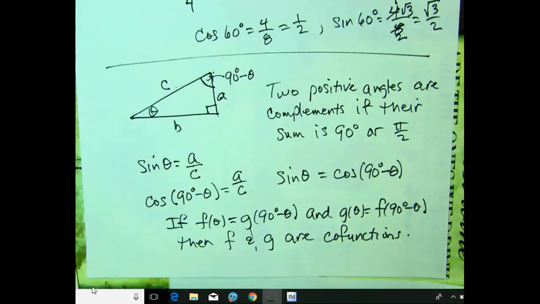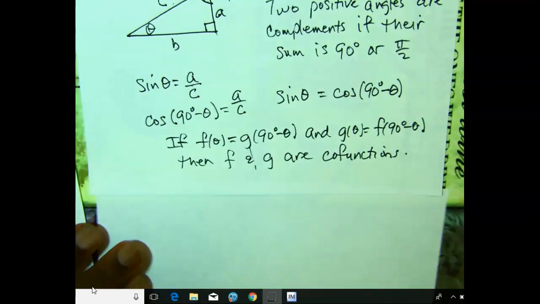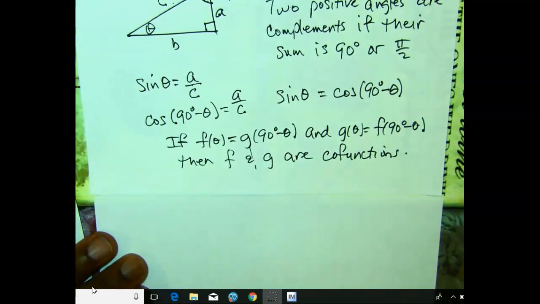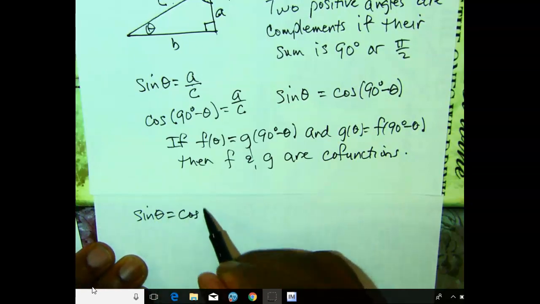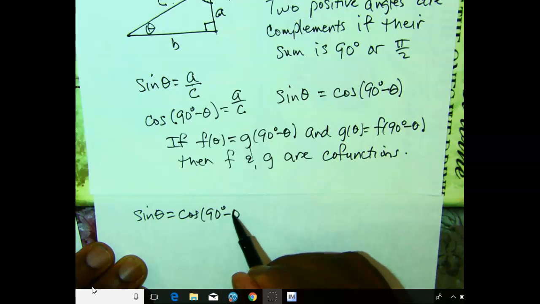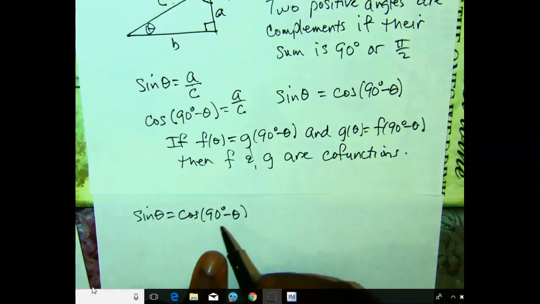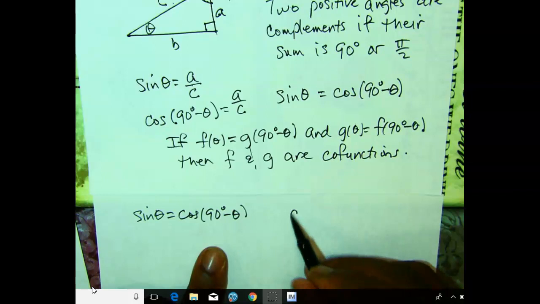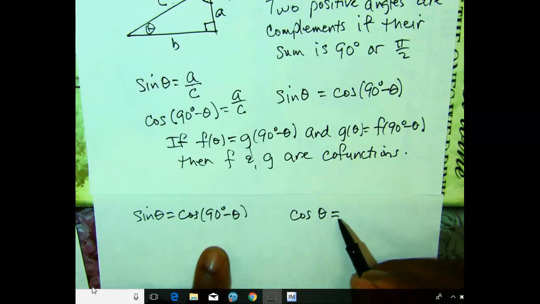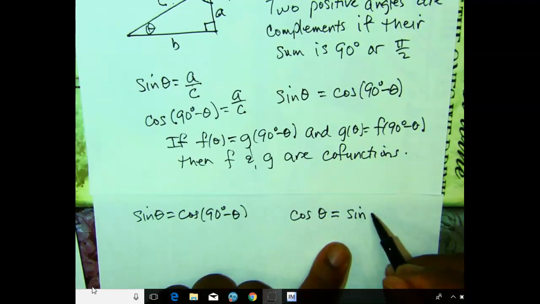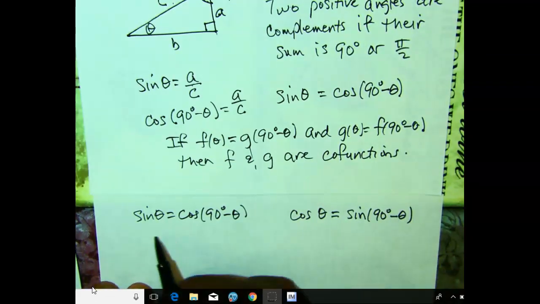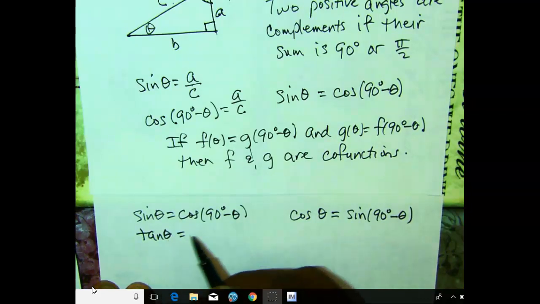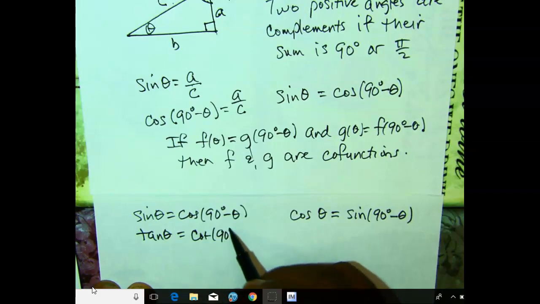The way that looks is, we know that sine of theta is cosine of 90 degrees minus theta, and we could replace the 90 degrees with pi over 2. Cosine of theta is the sine of 90 degrees minus theta. Tangent of theta is equal to the cotangent of 90 degrees minus theta.